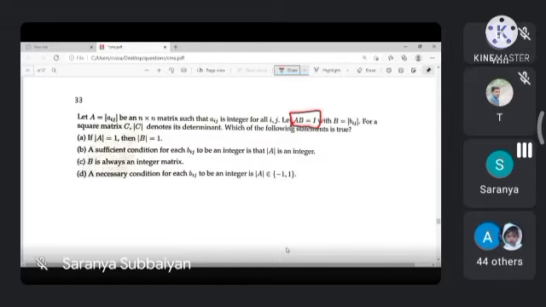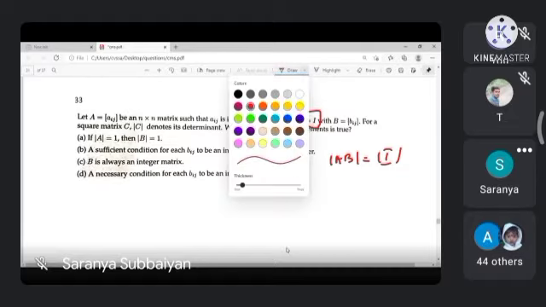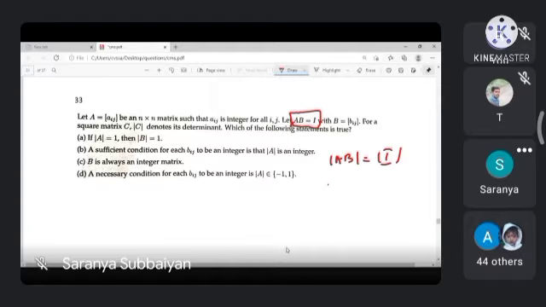So AB is equal to I means they are asking for the determinant, so you have to take the determinant on both sides, right? So determinant of AB, you can write as determinant of A, determinant of B, and determinant of I is equal to 1, right? So if determinant of A is equal to 1, then determinant of B is 1, right? First option is correct. Yes?